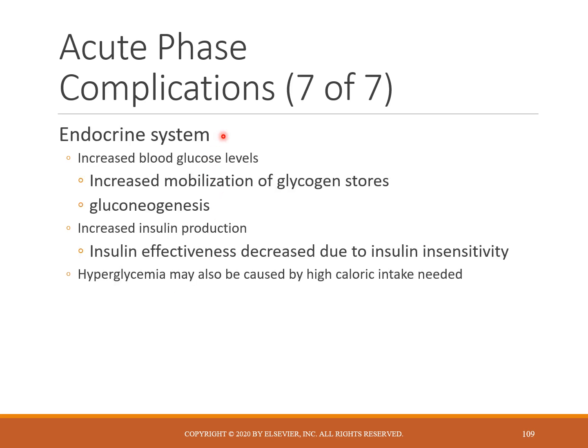Now with the endocrine system, remember, when your patient had injury, whatever that is, the blood glucose might be elevated and insulin might be insensitive. So this time we have to monitor their blood glucose level and make sure that we give them the proper care.